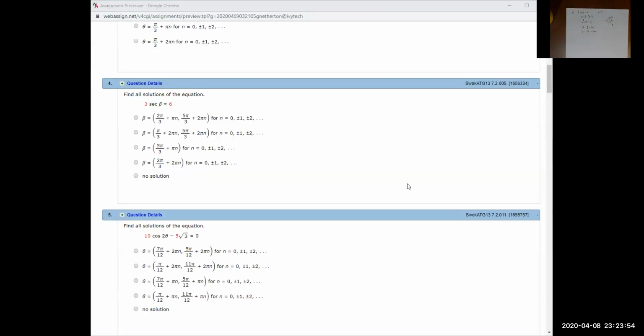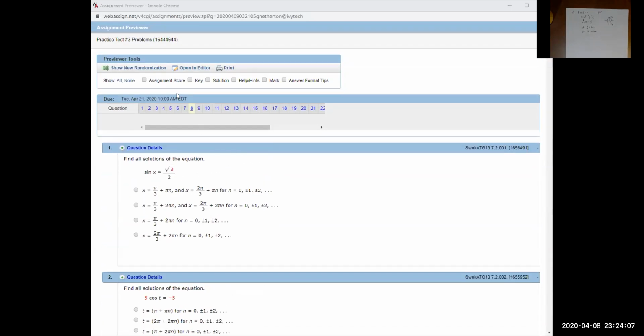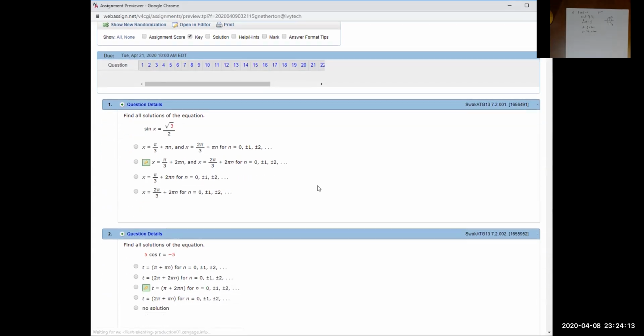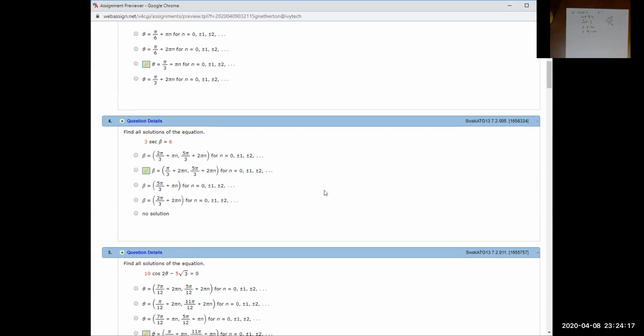So pi over 3 plus 2 pi n, 5 pi over 3 plus 2 pi n. Looks like the second one down, I believe, is correct. Yep, that's the correct answer.